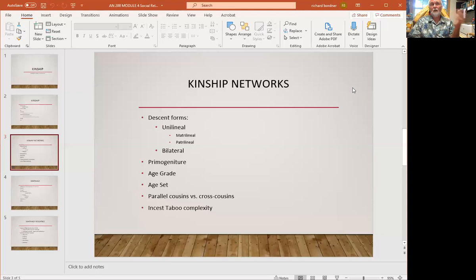Probably the most famous of all of these would be the Hohenzollerns and the ruling families of Europe, where cousin marriage was incredibly common. During World War I, the Kaiser of Germany was a nephew of Queen Victoria. I think four of the different ruling monarchs in Europe at the time were actually first cousins, and at least two of them were cousins by virtue of cousin marriage in the family.